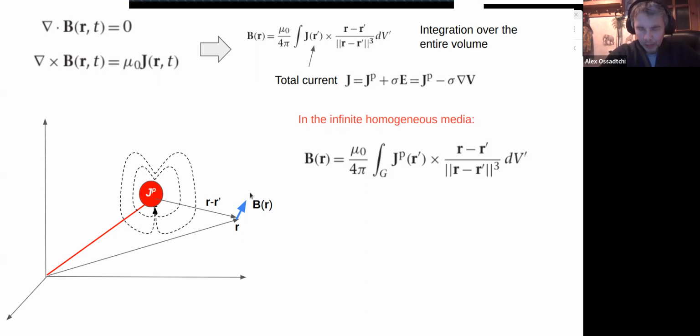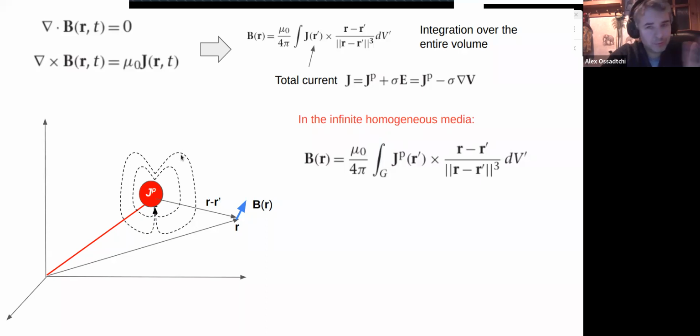So now, in this case, there is very good news: the magnetic field at location R, due to the current source located at point R, this vector R located here, does not depend on the secondary currents.